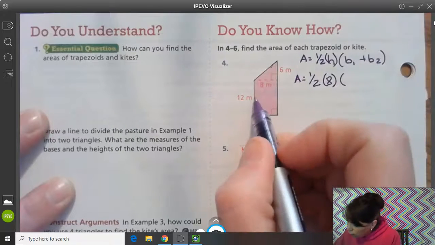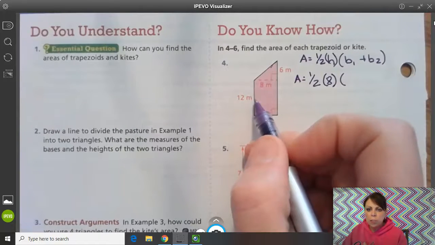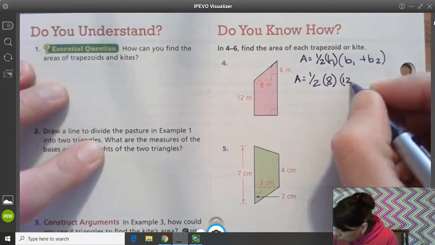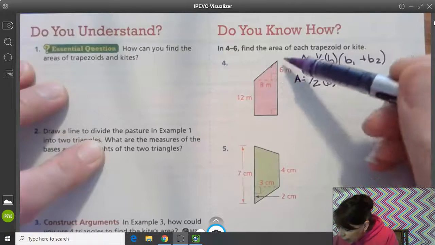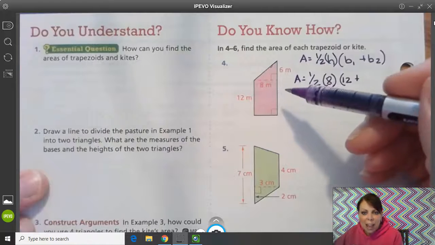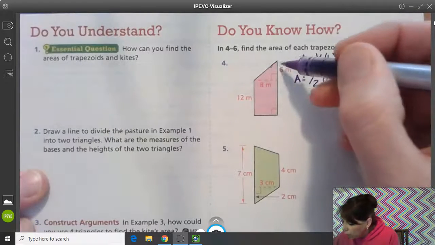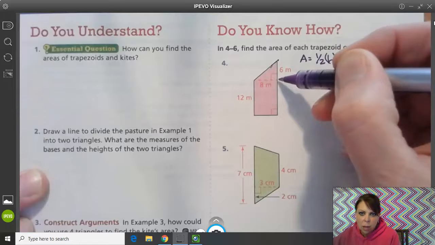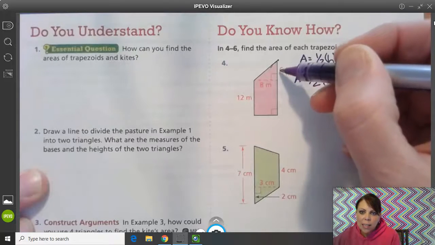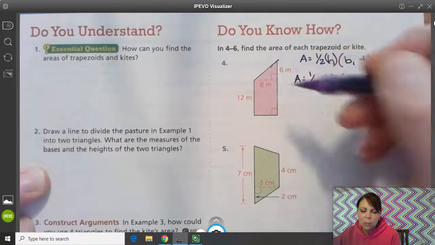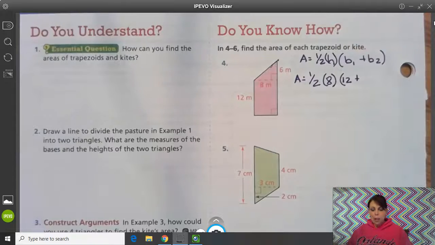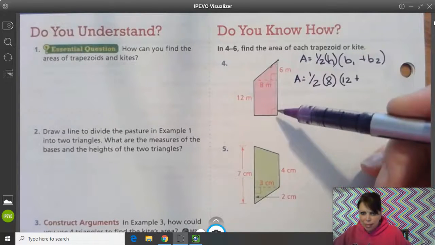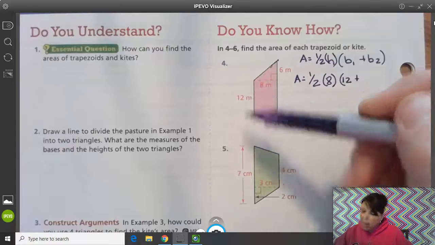So we have one side, I don't care which is base 1 and which is base 2, it doesn't matter. This side is 12 plus this side, but what they only gave you was the measurement from this point to where the height begins. So they only measured this little tiny segment right here, which they said is 6 meters. You should look at that trapezoid and go, well, this is 12, and this whole side can't be 6. It's way bigger than this side.